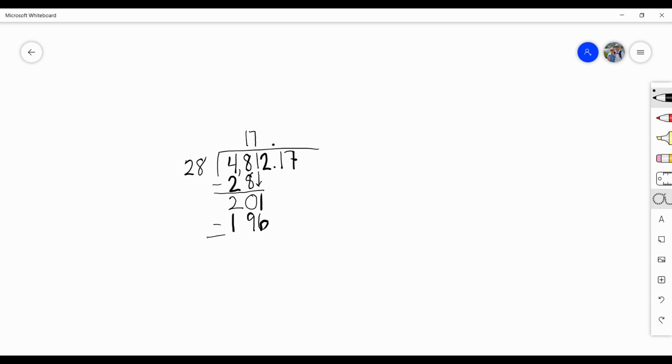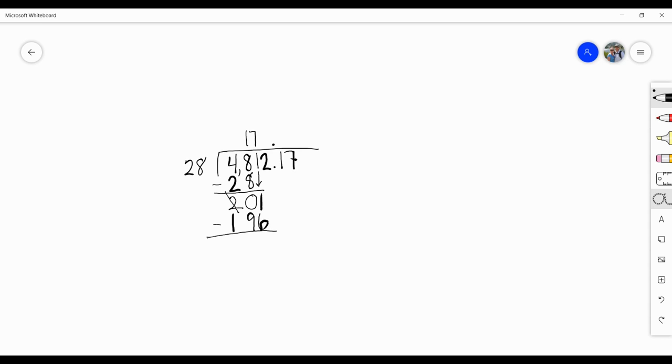Now I subtract. But as I'm looking to subtract, I cannot take 6 away from 1. So I have to move to the next number and see if I can borrow from that number. I cannot take 9 away from 0, so I still cannot borrow from 0. So I move to my next number. I can take 1 away from 2. So 2 is the first largest number on top that we come to that is greater than the number below it. So I can borrow.